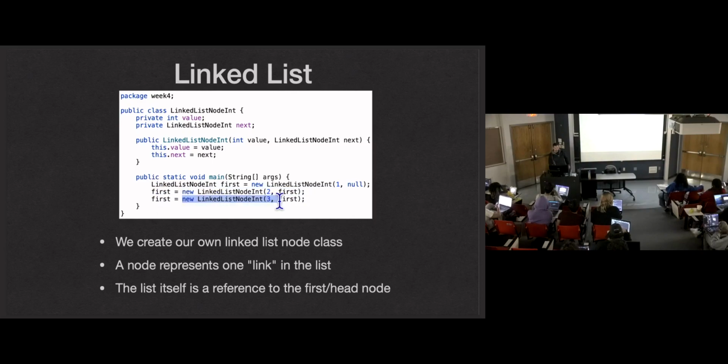So after all of this executes, first is a reference to a linked list node with value 3, with a next that is a reference to a linked list node with value 2, with a next that is a linked list node of value 1, with a next of null, meaning it's the end of the list. What we effectively did here is prepend values to a linked list. We created a new linked list with value 1, prepended 2, and prepended 3, meaning we're adding elements to the beginning, to the front of the linked list.